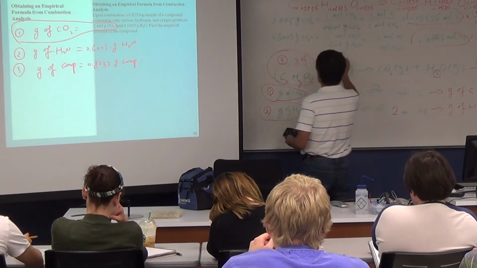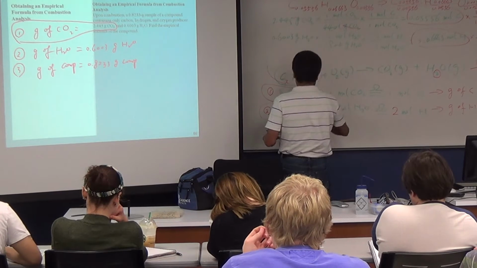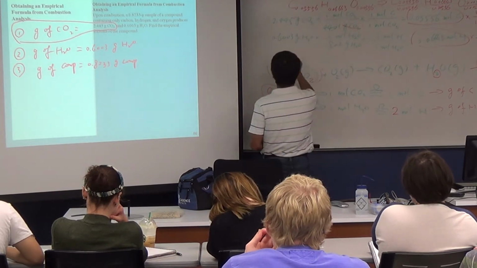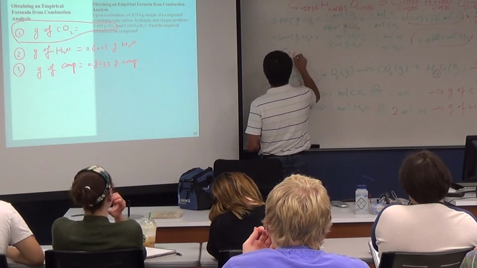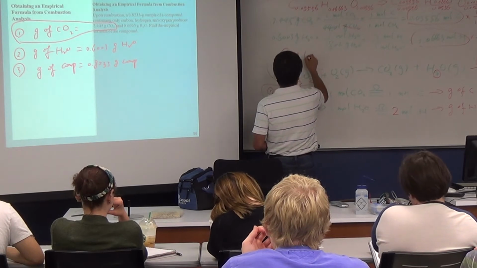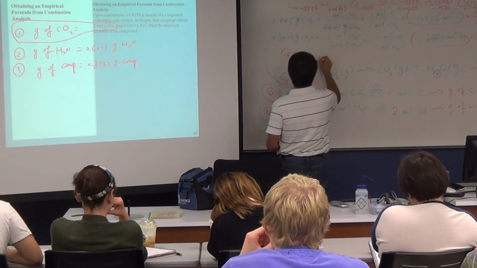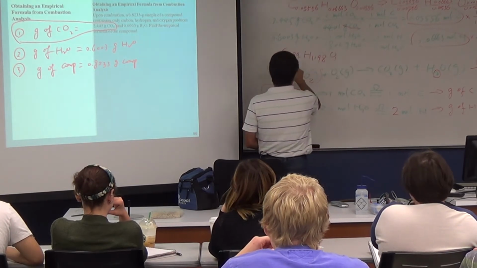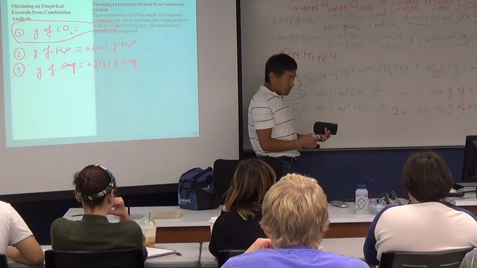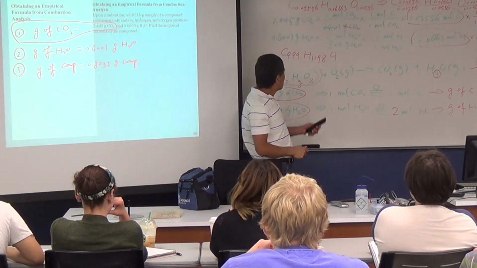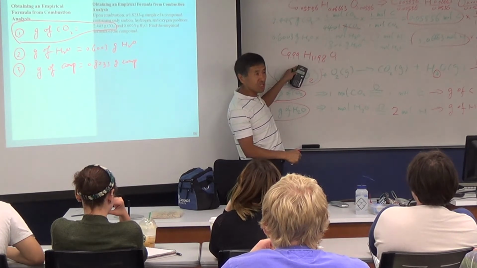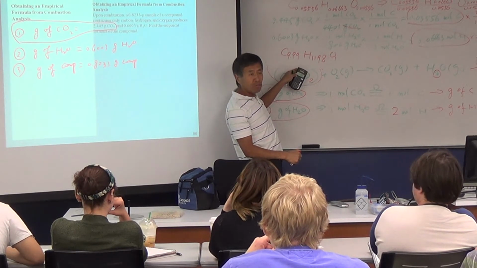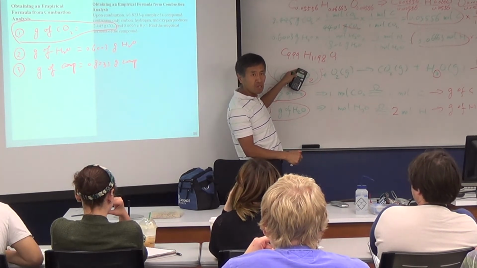So I'm going to begin to erase some of this information now. For carbon we get 9.99, and for H we get 11.98. The difference between this number and the closest whole number, 10, is 0.01.